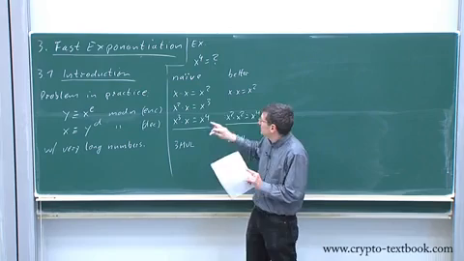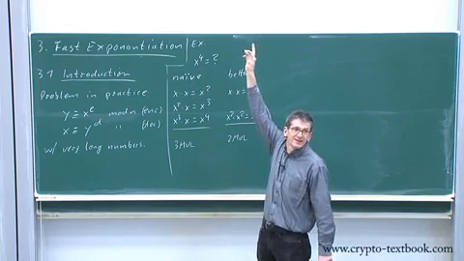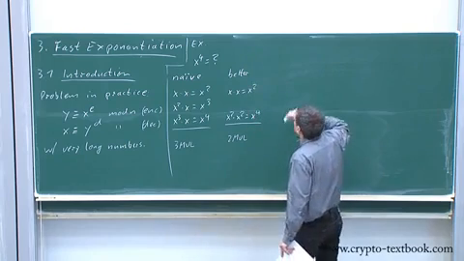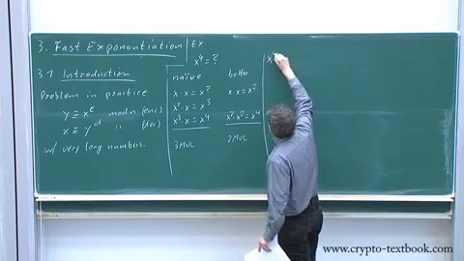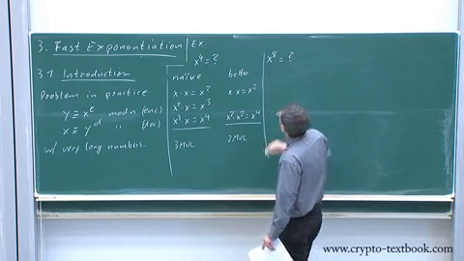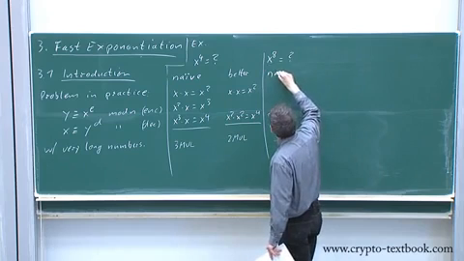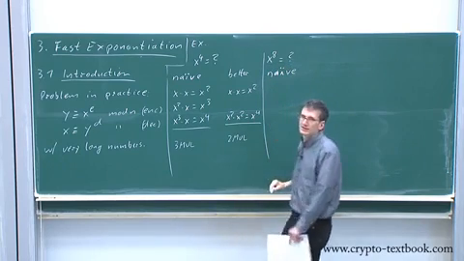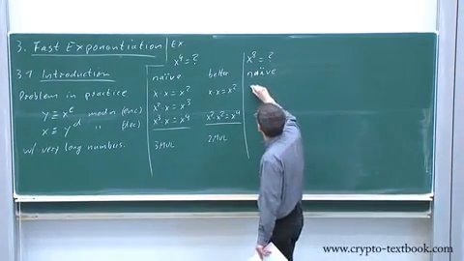But in practice, we're not doing x to the 4th. We do really long numbers. So let's look at another example. We want to compute x to the 8th. Again, we start with the naive way, which is a very polite way of saying the stupid way, right? We can only multiply by x.